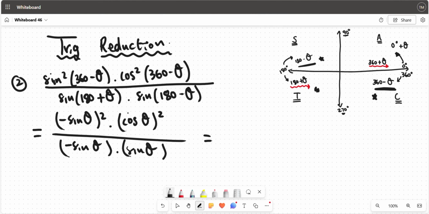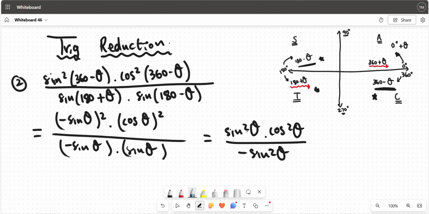Let me just evaluate. The squaring of the top will give me a sine squared theta times a cos squared theta. They're both positive. And then at the bottom, I'll just have a negative sine squared theta. The sine and the sine are going to multiply to give me a sine squared theta.